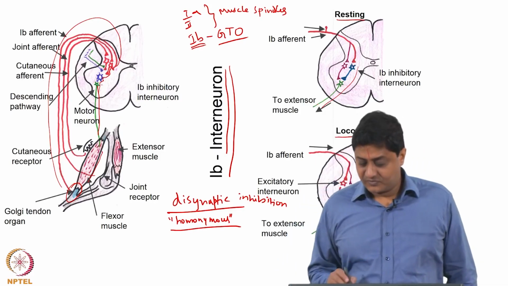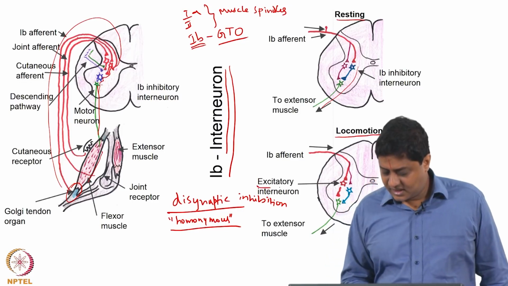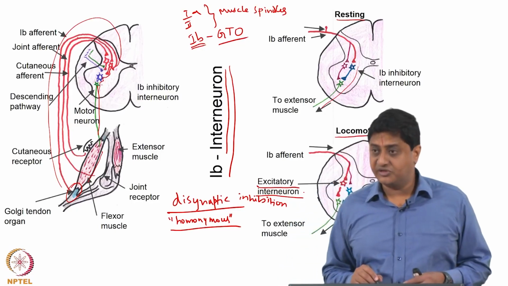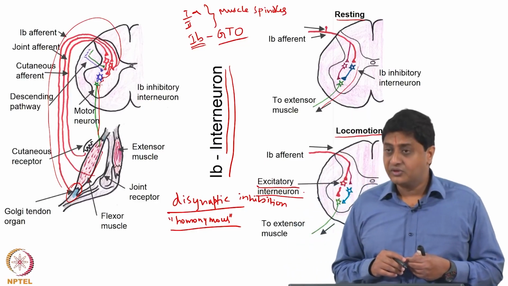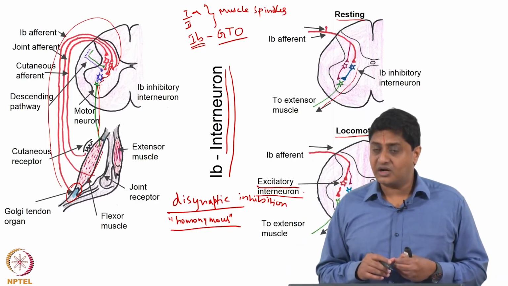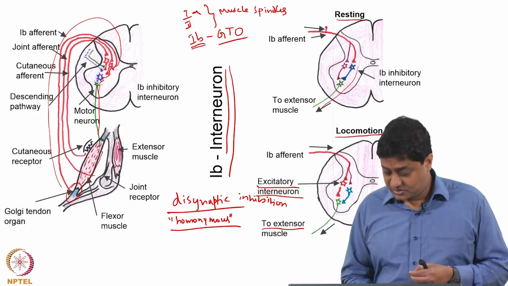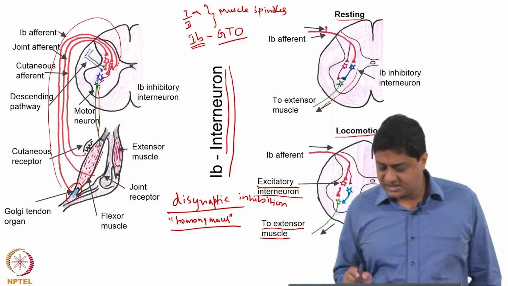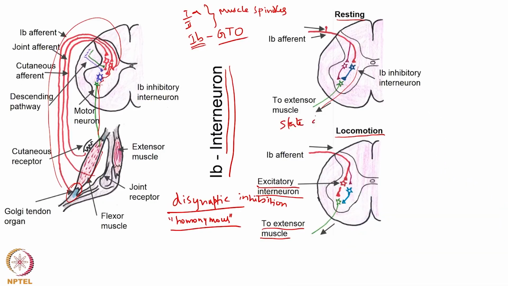But during locomotion there are other excitatory interneurons that come into the picture that cause the 1B afferent to cause an excitation in the extensor. This phenomenon has been widely studied and lots of data are available on that.